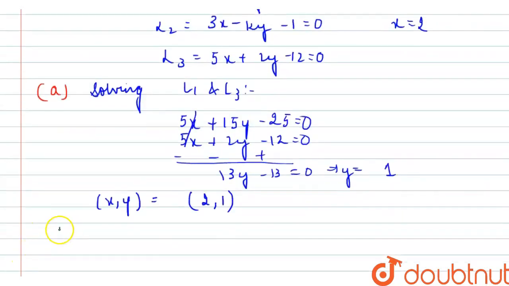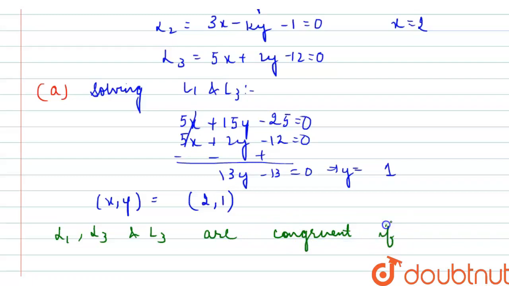So therefore L1, L2 and L3 are concurrent if 2 comma 1, that is the point of intersection, lies on L2. So substituting the values, I get 3 into 2, that is 6, minus k minus 1 is equal to 0.